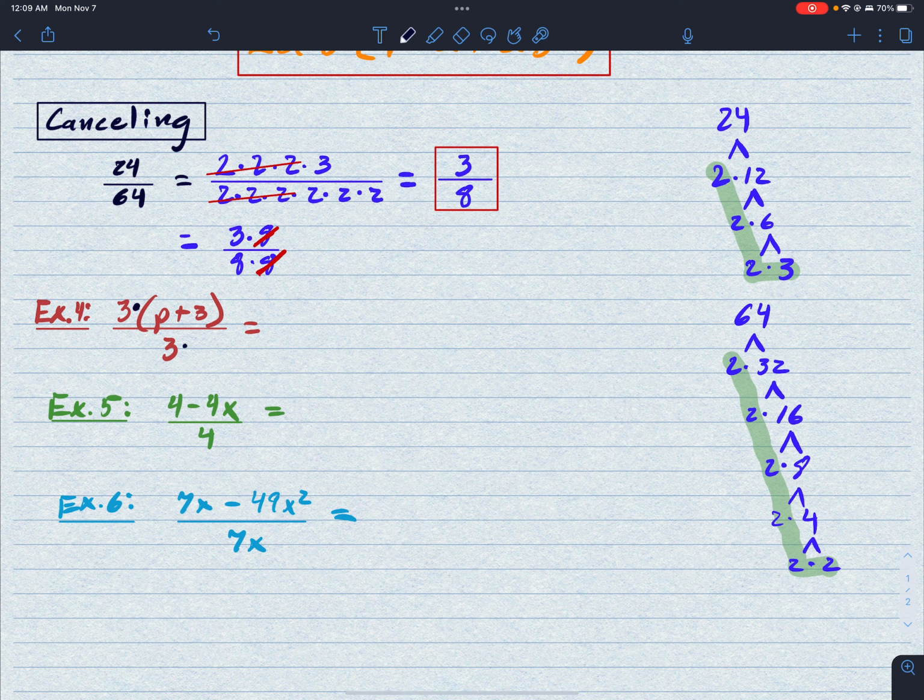And this in the bottom is technically 3 times 1. So they are factors. If a factor is a part of multiplication, so these are parts of multiplication, and I have one in the top and in the bottom, then I can cancel them off. I can reduce them.